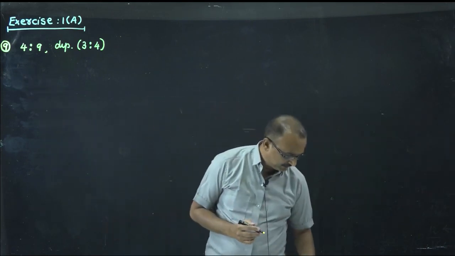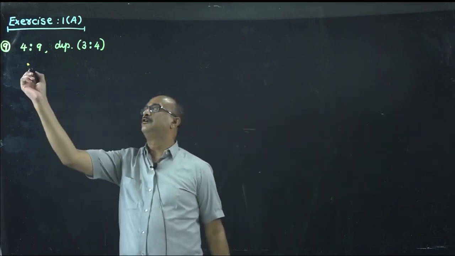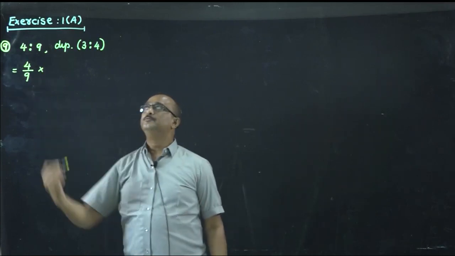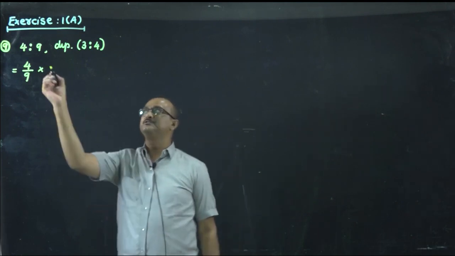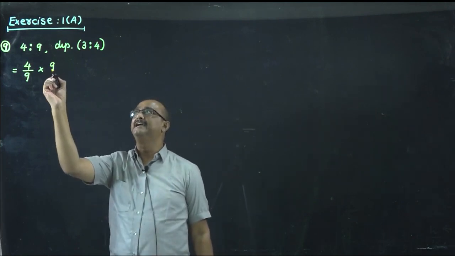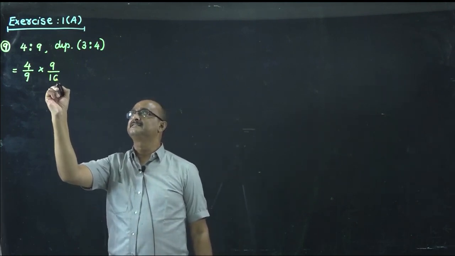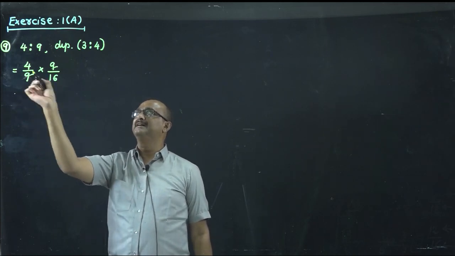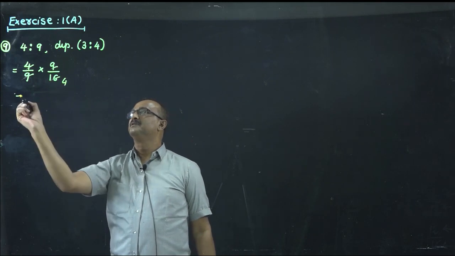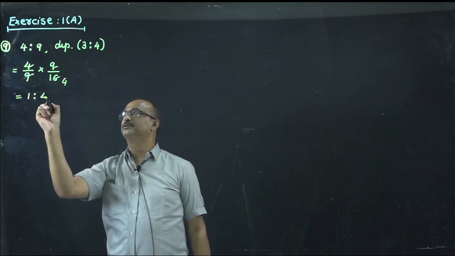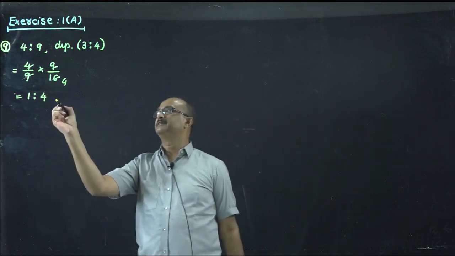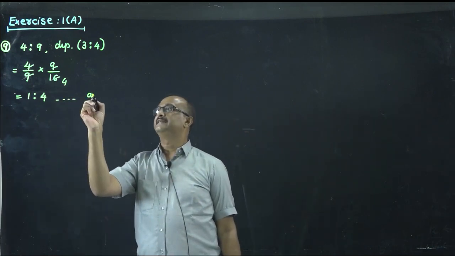It is product. The compounded ratio of 4 is to 9 means 4 by 9 into the duplicate ratio of 3 is to 4. What is the duplicate of 3 is to 4? It is 9 is to 16. 9 9 cancel, 4 4s are 16. So our answer is 1 is to 4. So option A is correct.